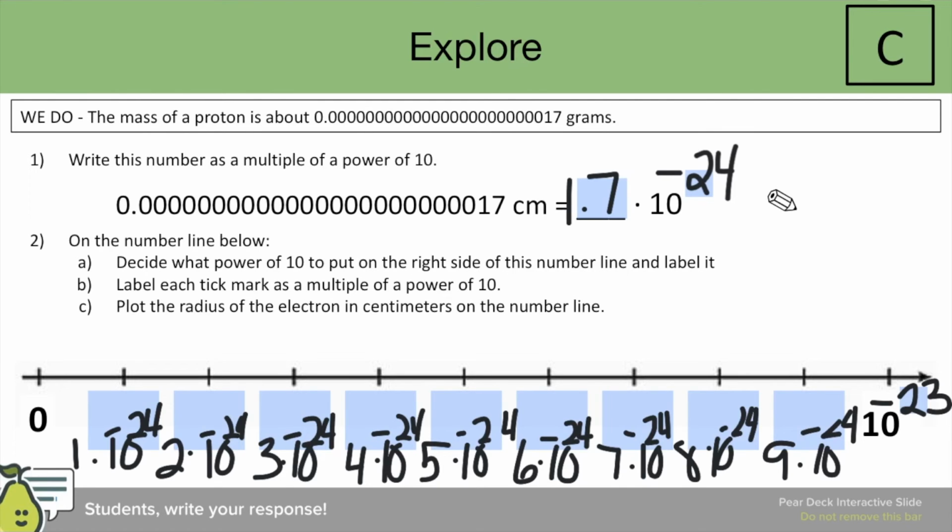And now we're going to plot the mass of the proton on the number line. 1.7 falls between 1 times 10 to the negative 24th power and 2 times 10 to the negative 24th power. So it's going to be approximately right there.